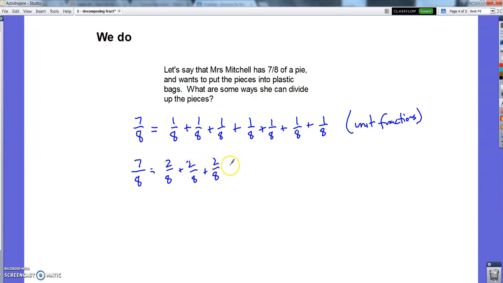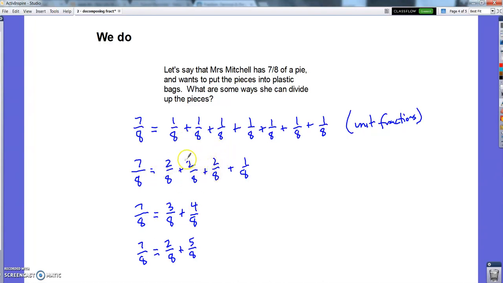And then she can't put 2 in the last bag, so she'd have to do 1/8. That's fine. Maybe she just wants to put it into 2 bags. And maybe she would do 3/8 in one bag and 4/8 in another bag. That would be fine. Maybe she wants to do 2/8 in one bag and 5/8 in another bag. Who knows? There's lots of different ways I can decompose the fraction into a sum.